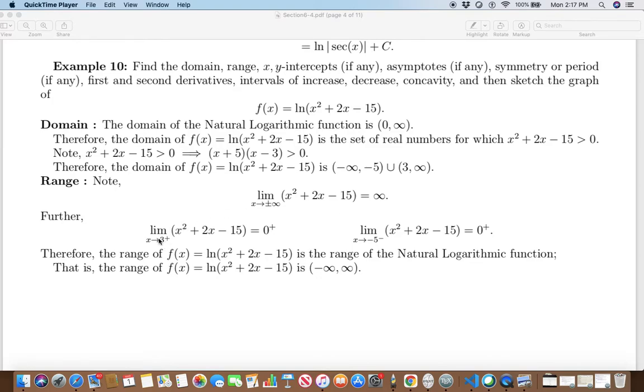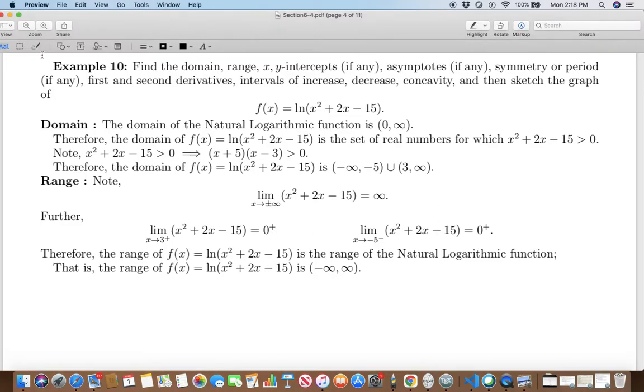Moreover, let's look at 3. x minus 3 is a factor, you see. So as x approaches 3 from the right, this polynomial approaches 0 from the right. I could draw a small figure for you to understand. We are looking at just the polynomial, not the logarithm.